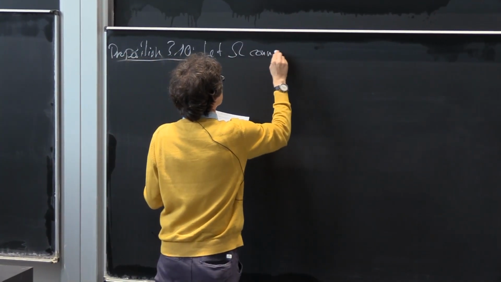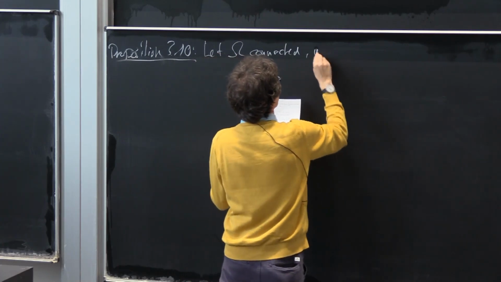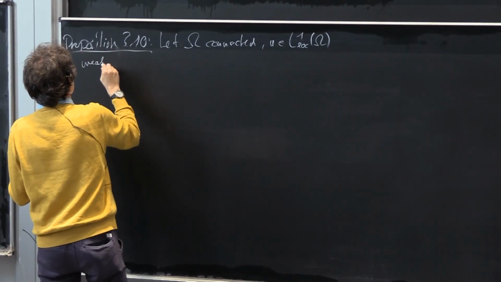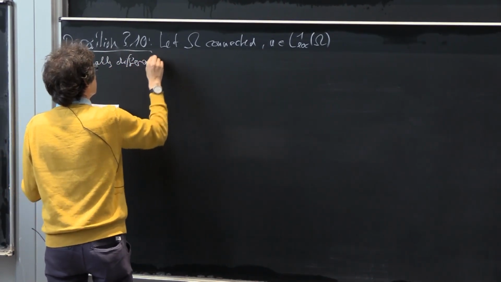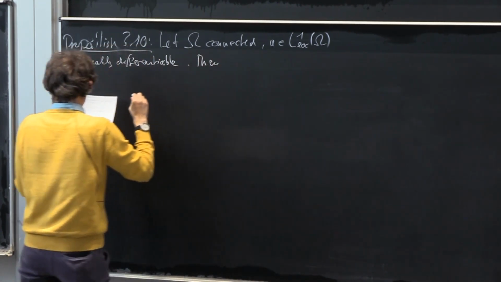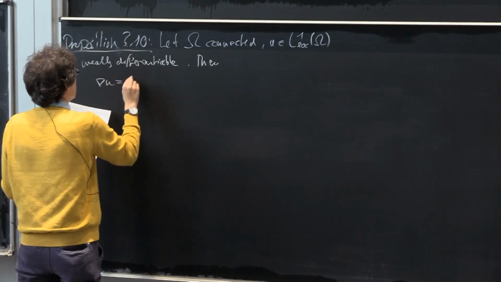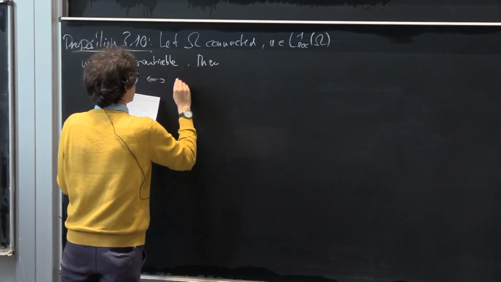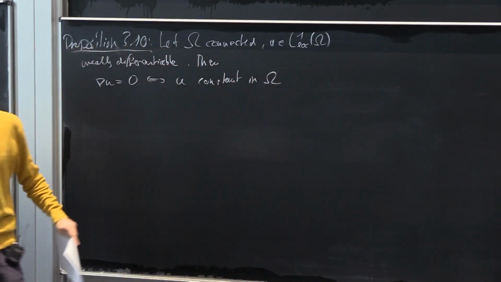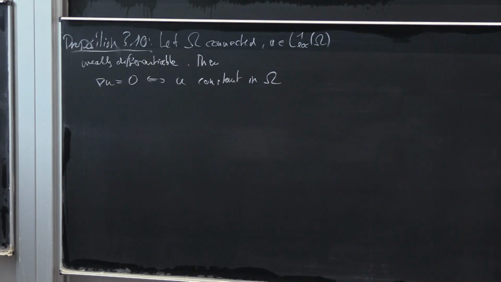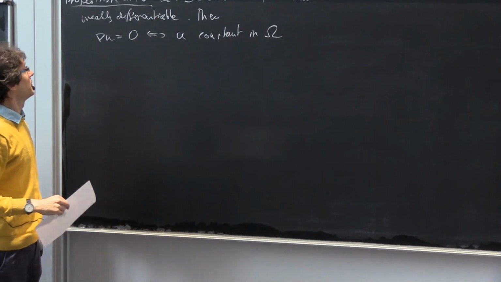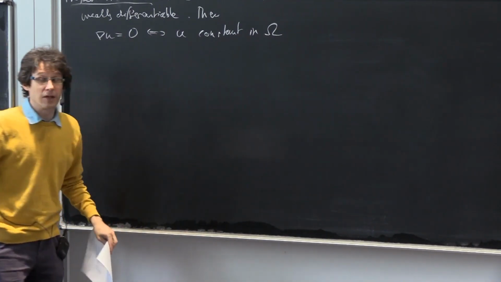So if you have a connected set omega, and your function is a locally integrable function, weakly differentiable, then the gradient of u is zero if and only if u is constant. Again, going from right to left is not that interesting, since constant functions are classically differentiable, so they are weakly differentiable, and the gradient is zero. So the interesting thing is going from left to right.